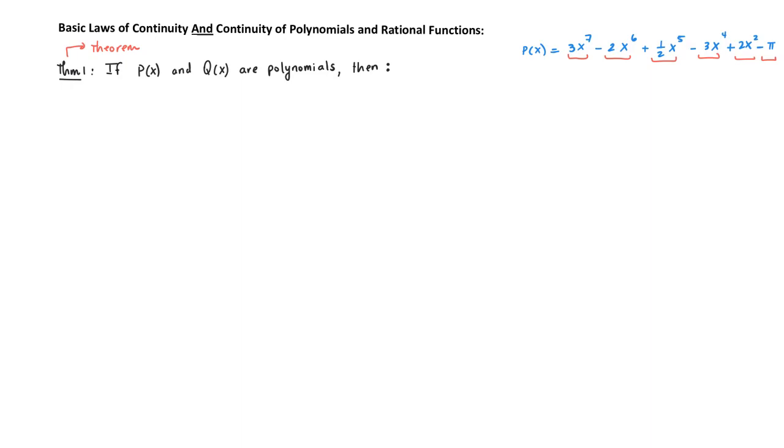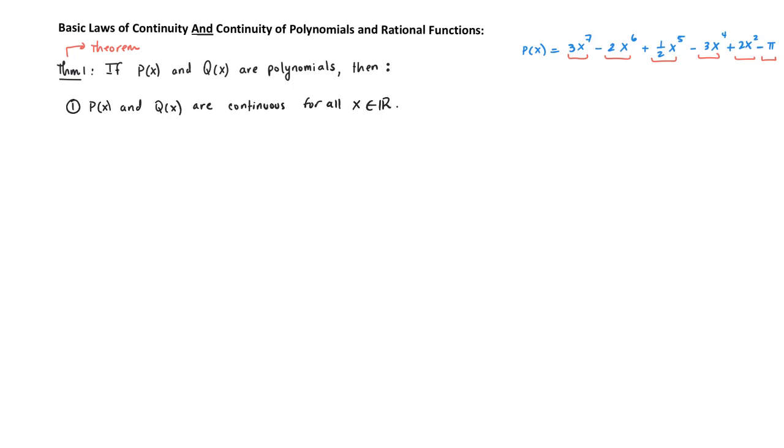The first part of the theorem says that if P and Q are indeed polynomials, then number one, P of x and Q of x are continuous for all x within the real numbers.